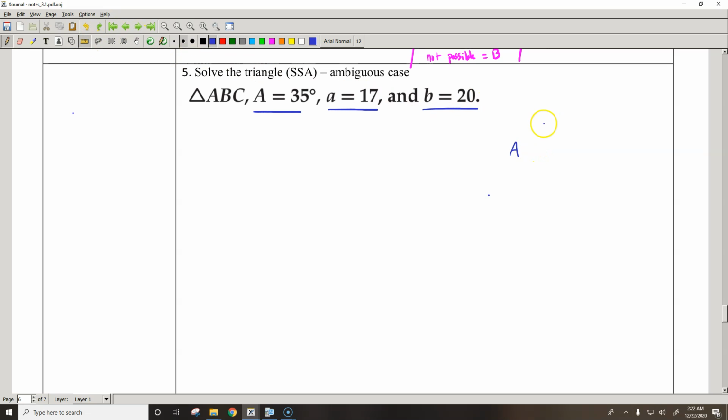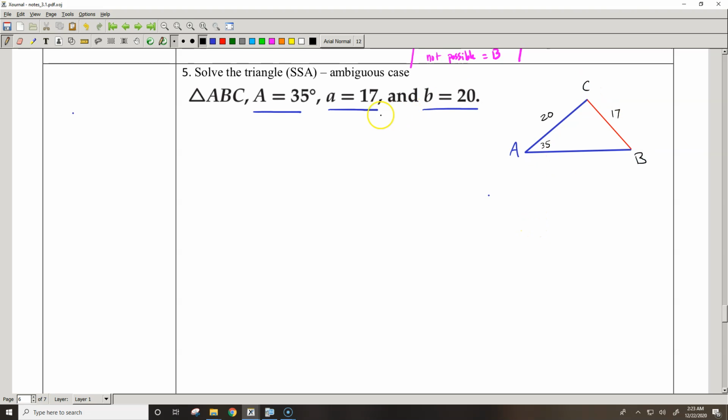Actually, let me draw a little bit better here. So I know that this is 35. Side A is 17 and side B is 20. And let's say we assume that it just looks like that for now, at least. Here's B, and then here's C.